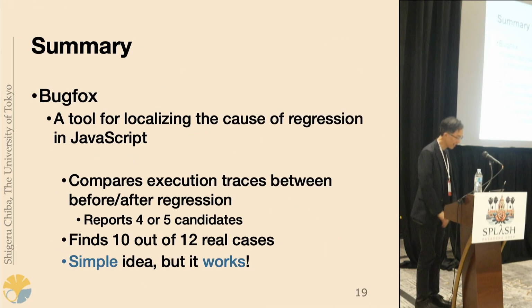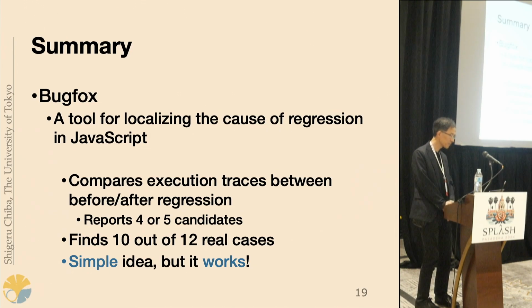So that's all. Let me summarize my talk. We presented Bugfox, which is a tool for localizing the cause of regression in JavaScript. The approach is pretty straightforward. It compares the execution traces between before and after the regression, and finds a function that returns a different value. That should be the cause of the bug.